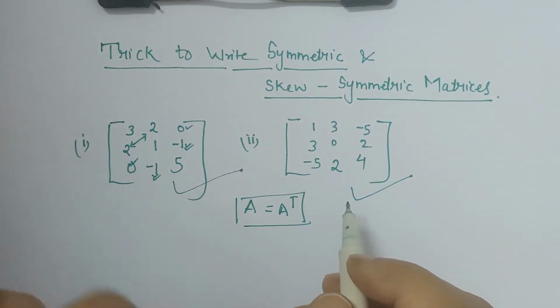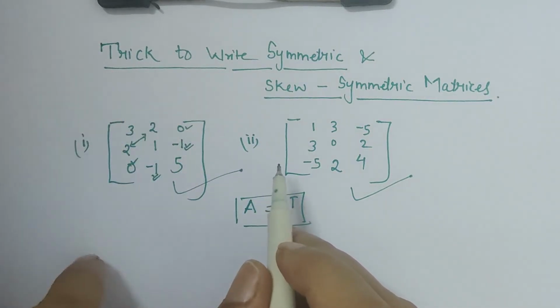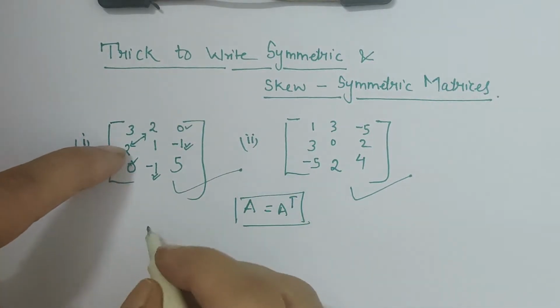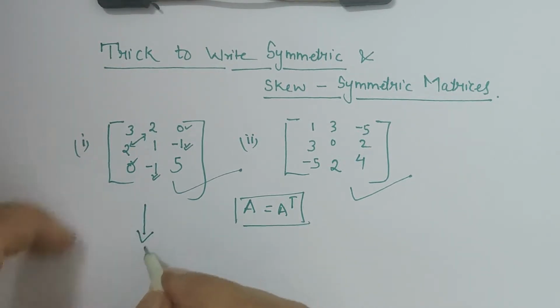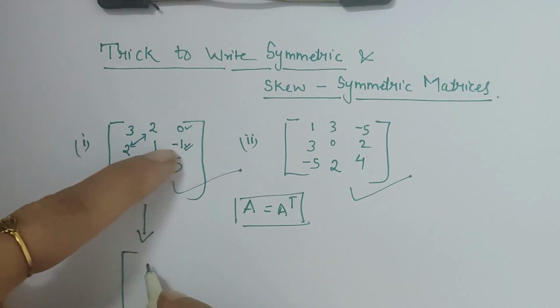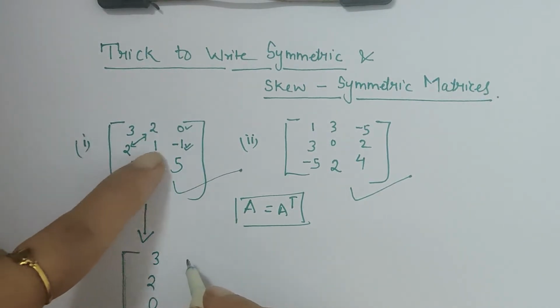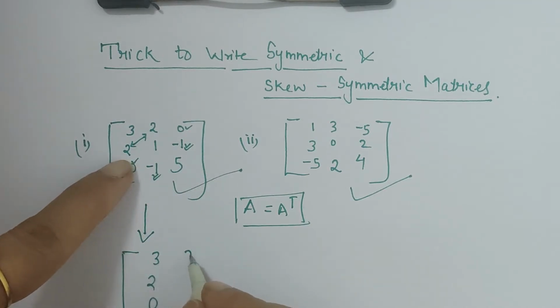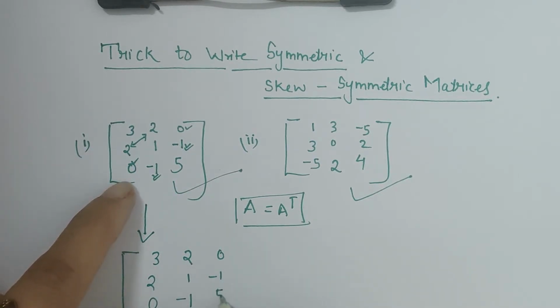In my previous video I have already explained what we do in the transpose of a matrix: we write row elements in column form. So I'll write 3, 2, 0 column wise. Then again 2, 1, -1, which is in a row, will be written column wise. Now 0, -1, 5 column wise.